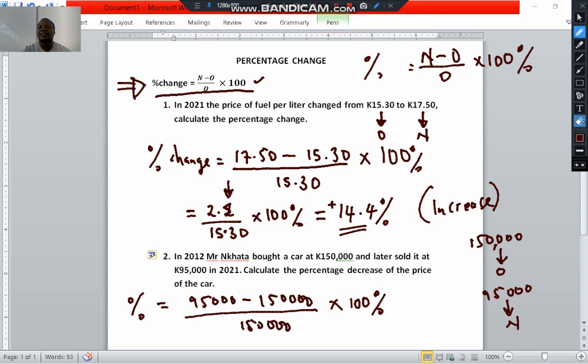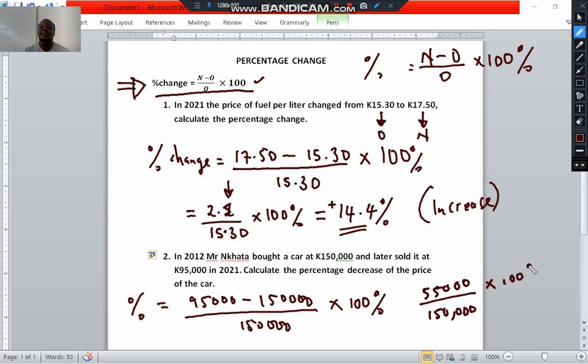This is very important to take note of. The difference between 95,000 and 150,000 is 55,000 kwacha, so this is 55,000 over 150,000 times 100%.